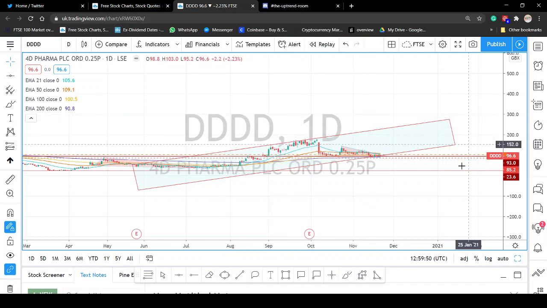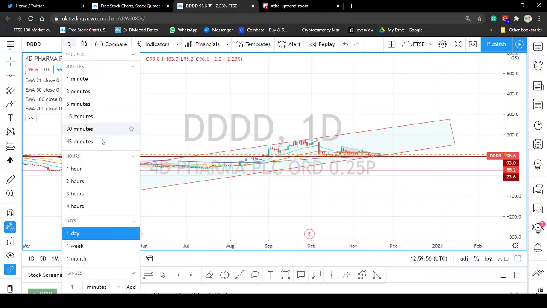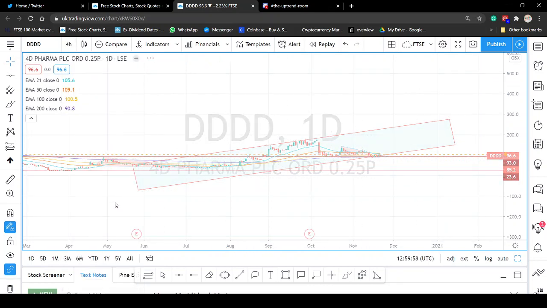And I've drawn this channel, more local action, on the daily chart. Let's screw down to the 4 hour and see what it looks like.